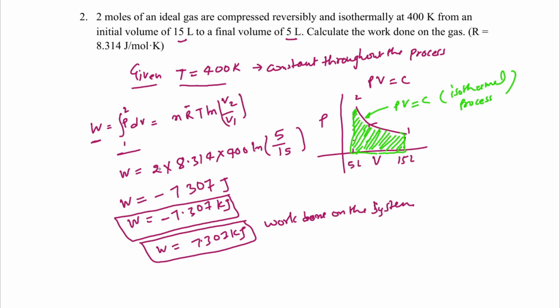When we put in the number of moles, the gas constant R and the temperature, we can write W as 7.33 kilojoule. The negative sign only indicates that the work is done on the system, so we remove the negative sign and say this is the work done on the system.